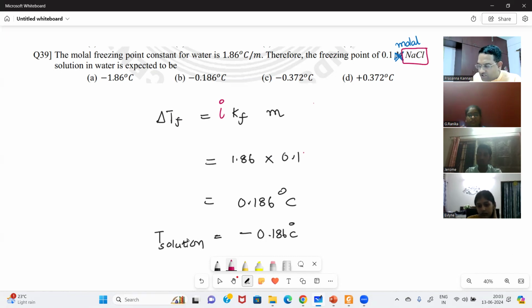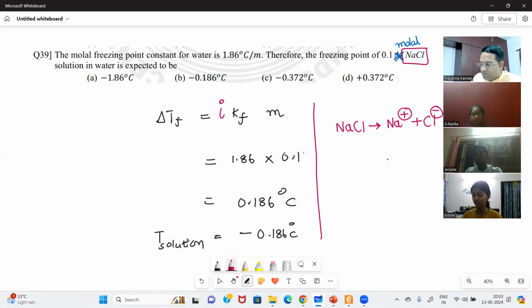Sodium chloride in its aqueous solution will split, as we had discussed this part briefly when we discussed lowering of vapor pressure, right? So it splits as sodium plus and Cl minus. So what happens, students?